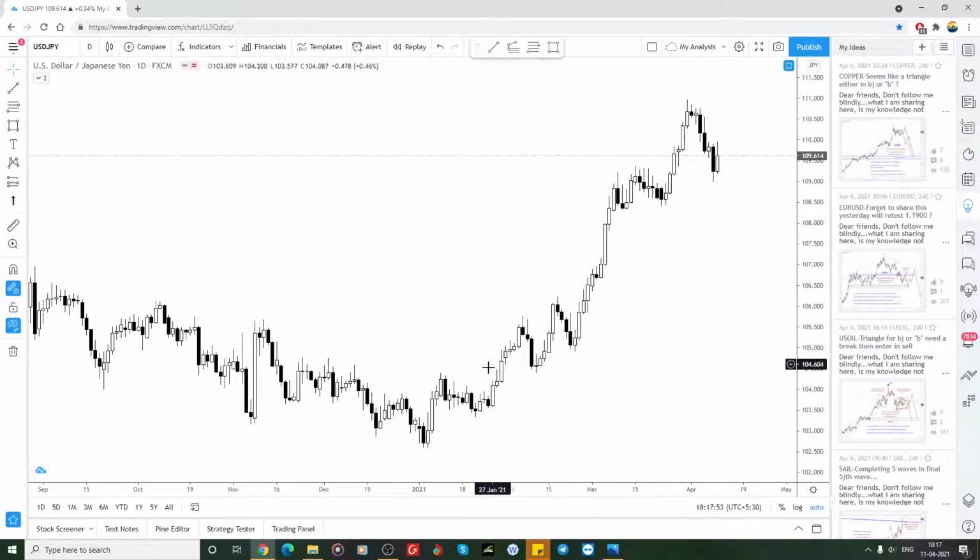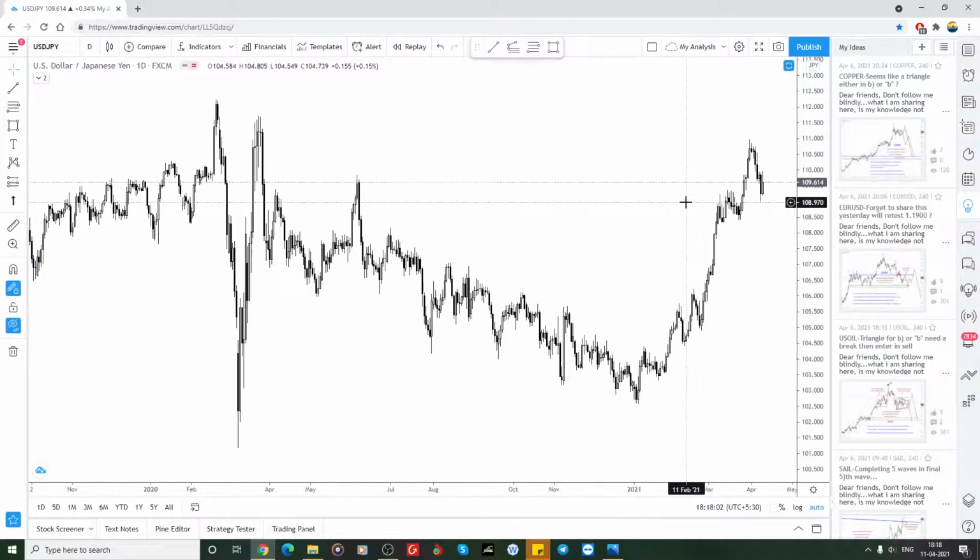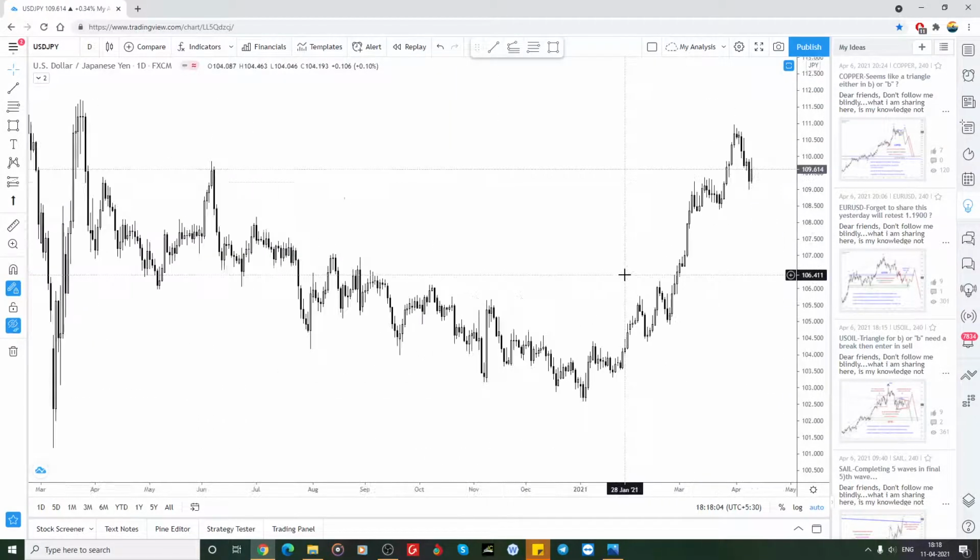Whether it is in 1 2 3 4 5, and if it bounces from here, and if it makes a new high, that is considered as a 1 2, like what I have. So you must understand what I'm trying to say. That's it.